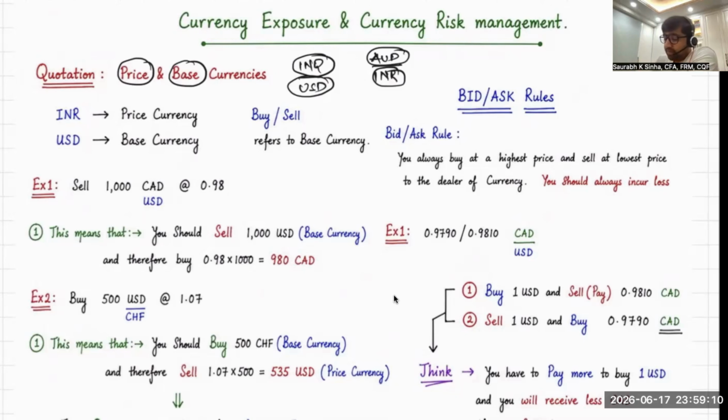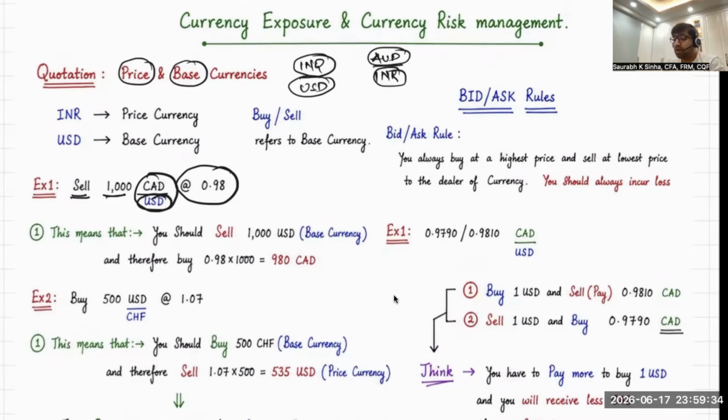For example, I'm saying sell 1000 USD. This is the quotation given at the rate 0.98. It means you will sell 1000 USD, and definitely you're buying CAD, and to buy CAD you need to convert using whatever the rate quotation provided. So you sell 1000 USD, which is the base currency, and to find out how many CAD you need to buy, you multiply this 1000 with the quotation.